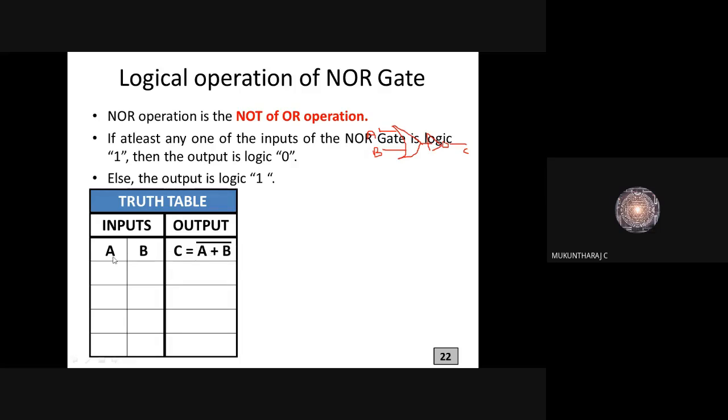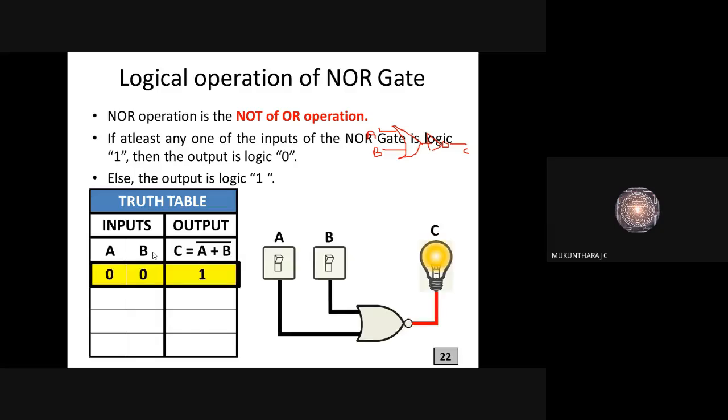Here we are taking a two-input NOR gate, so there are 4 possible combinations. For the first case, 0, 0: if I give the input 0, 0, the output will be logic 1, because both the inputs are 0. So this NOR gate produces logic high.